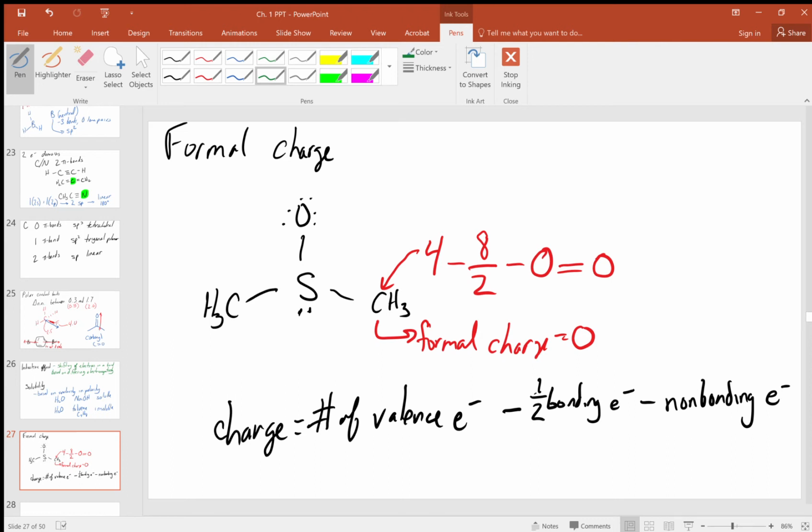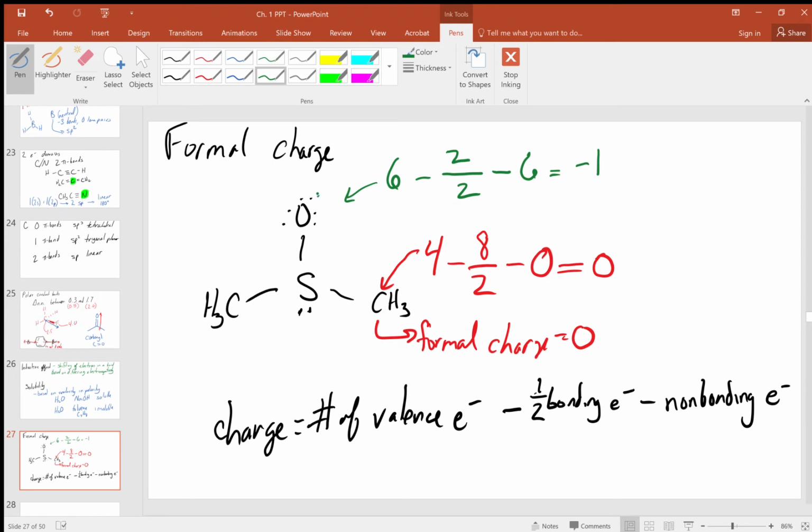What about the oxygen? Well, oxygen has 6 valence electrons. Here, this oxygen only has 1 bond, so that's 2 bonding electrons over 2. It has 6 non-bonding electrons coming from 3 lone pairs, so we subtract 6 and we get a charge of -1.